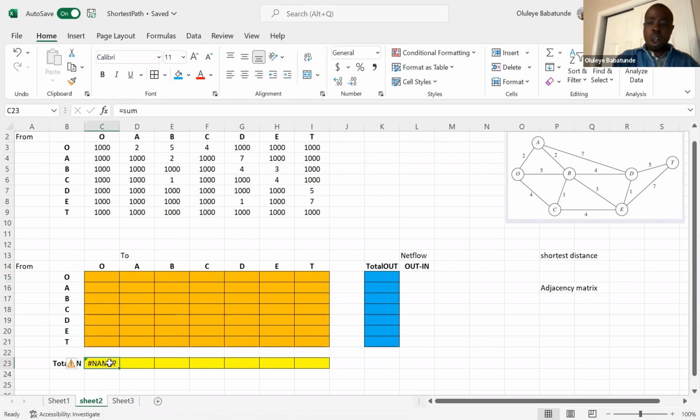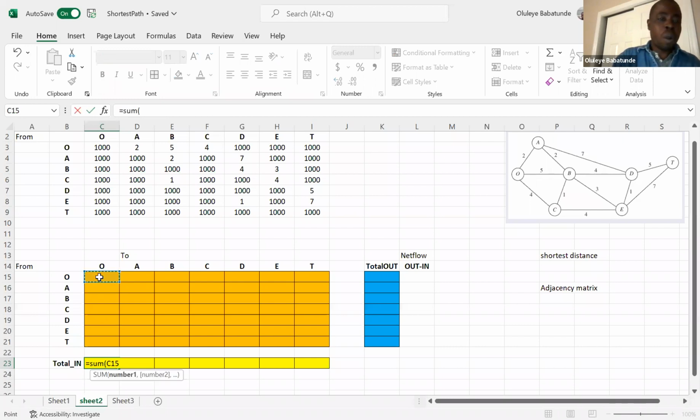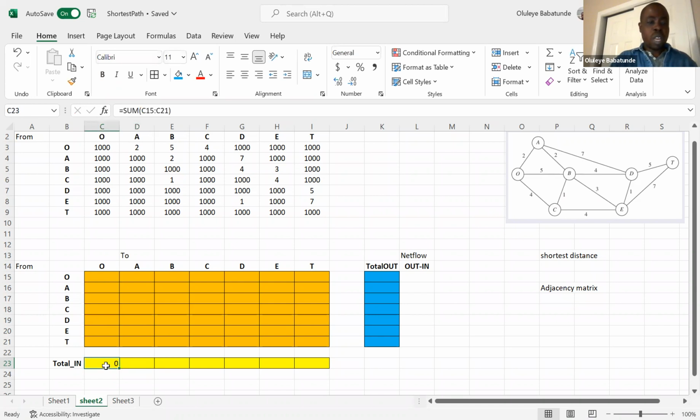Sum all the columns in the orange cell and put them in the yellow cell. So you can bring the cursor here, and when the plus sign appears, drag the plus sign to the last one. So that formula is transported into the rest of the cells.